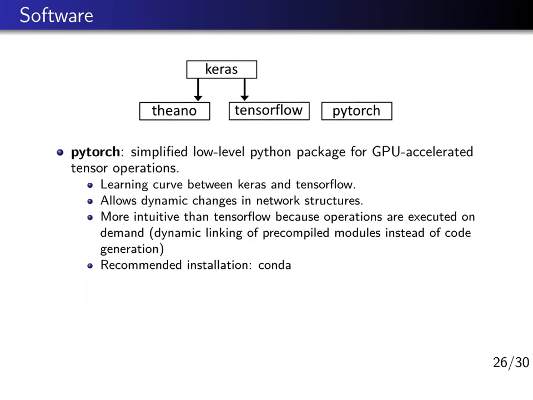PyTorch is a little bit outside this Keras TensorFlow conglomerate. It is a simplified low-level Python package for GPU accelerated tensor operations. It is a little bit harder to use than Keras, I think, but it gives you very direct and easy access to individual, elementary operations.